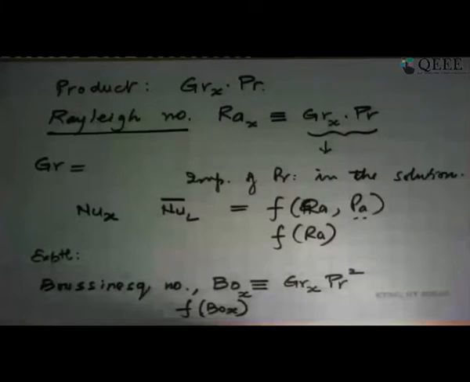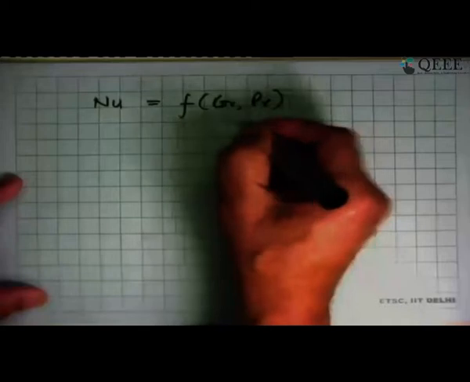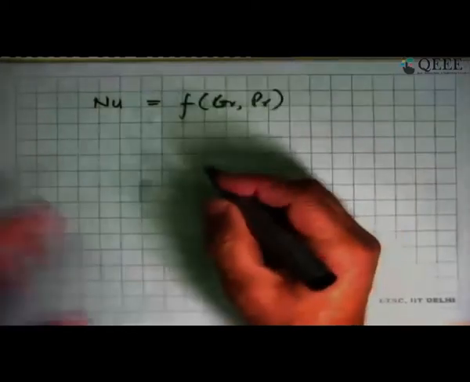So what do we have now? We got the non-dimensional equations. If we were to solve them and take the data and make non-dimensional correlations, we can express the solution of these equations in natural convection as the Nusselt number, a function of the Grashof number and Prandtl number, or some other combination of Prandtl number.